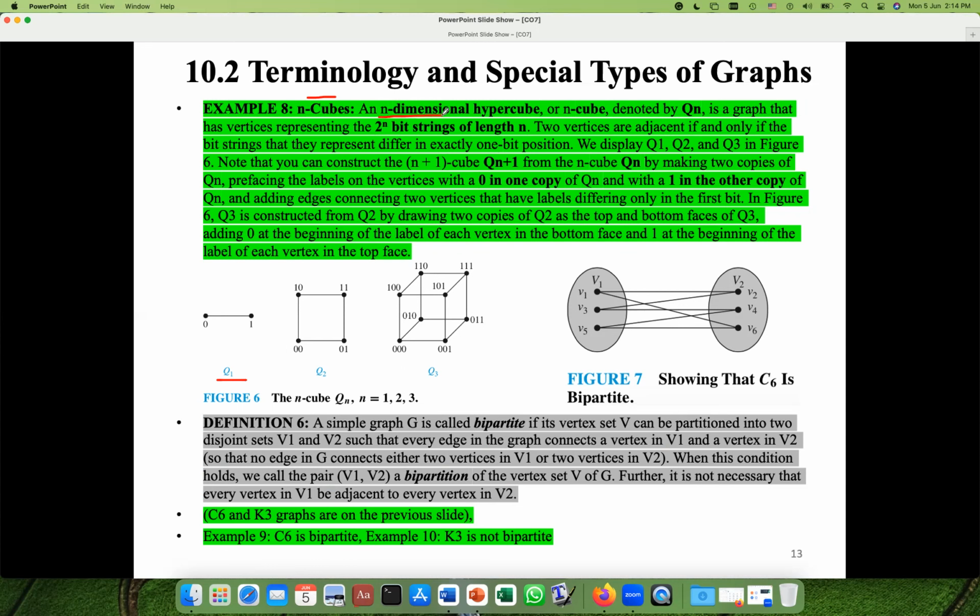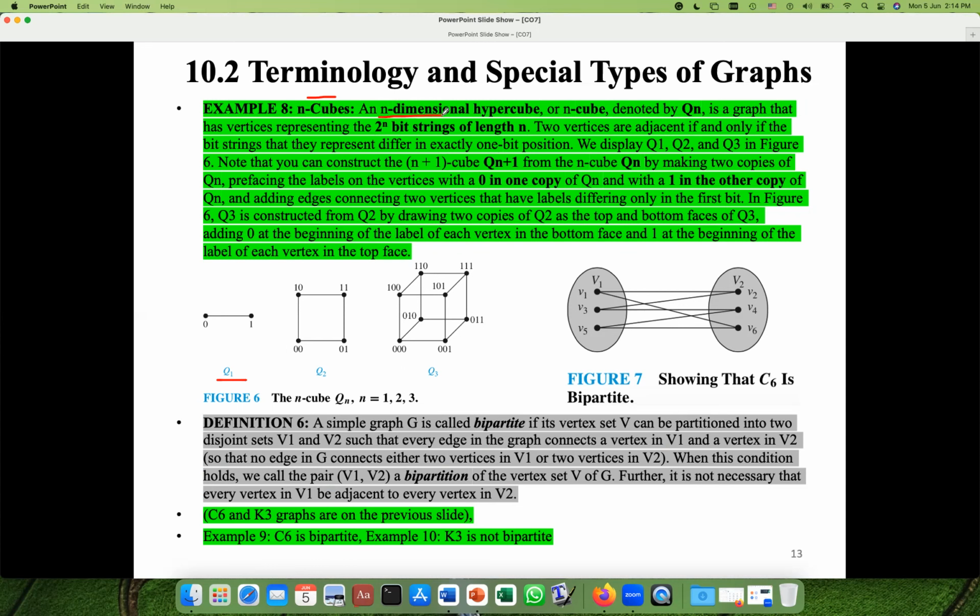So this is at the bottom. Place one copy at the bottom and the other copy at the top, and join their vertices. This is the thing that you have to keep in your mind.